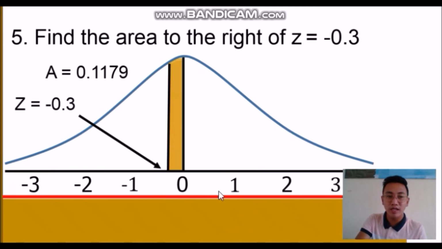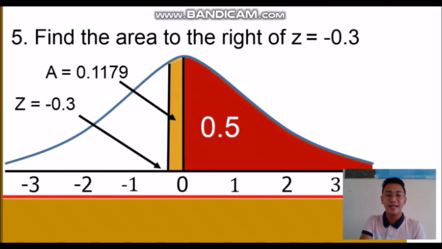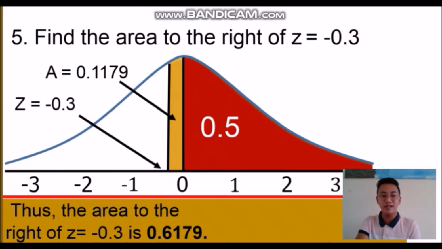Since we're looking for the area to the right from this point, and we all know from 0 to the right is 50% or 0.5, we are just going to add it again. 0.5 plus 0.1179.